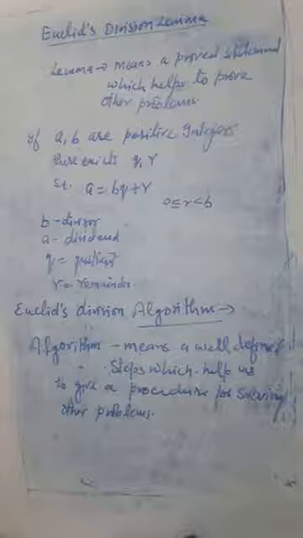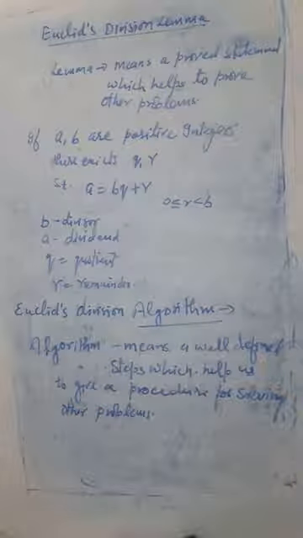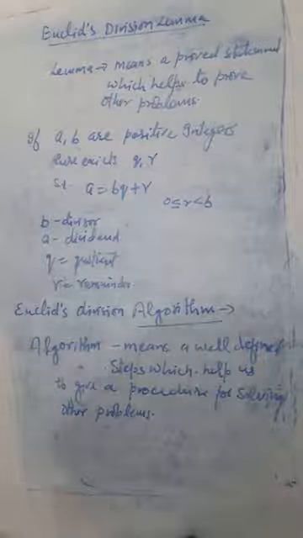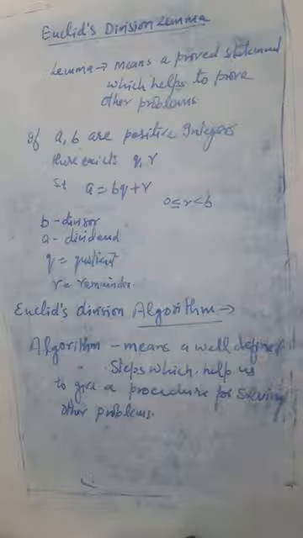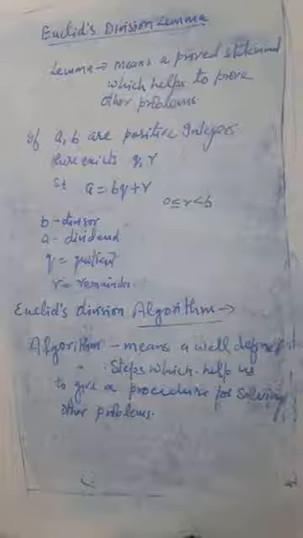So algorithm is a procedure to solve problems, and lemma means already proved statement which helps to prove other problems. So this is Euclid's division lemma.